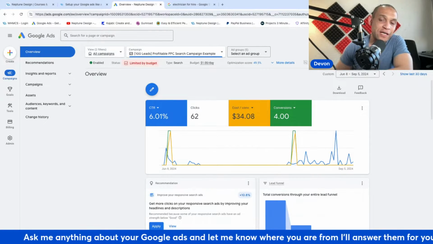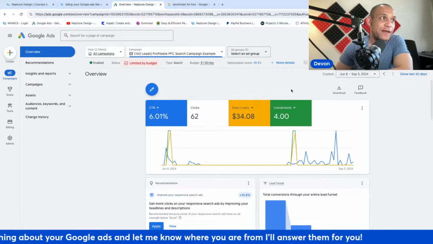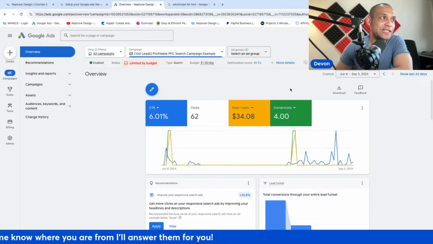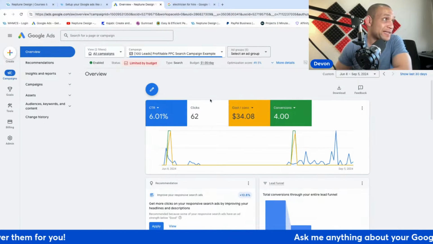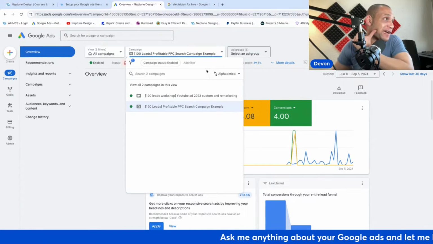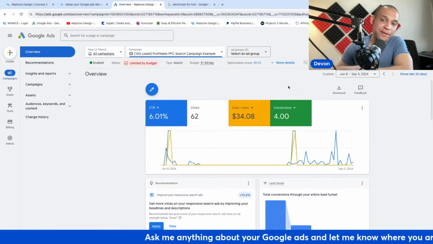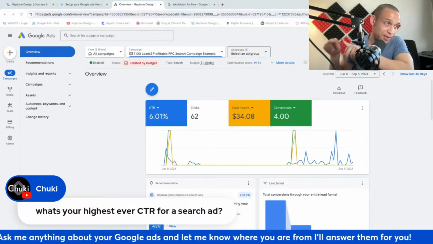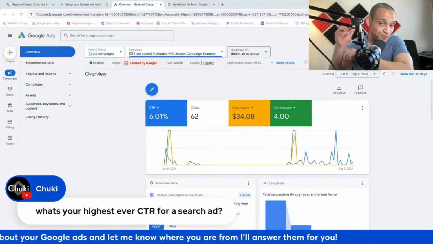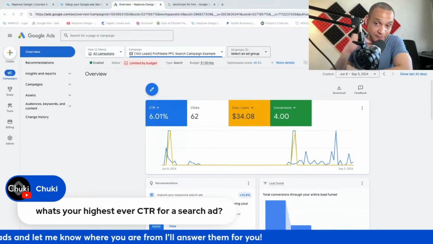What's your highest ever click-through rate for a search ad? I've had a click-through rate up to 18.95% for one of my search ads. I wonder if I could find it. Anyway, remind me about that later, because I'll try and find you that high CTR ad.